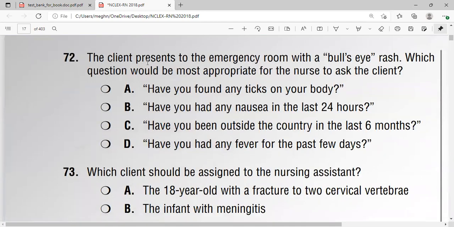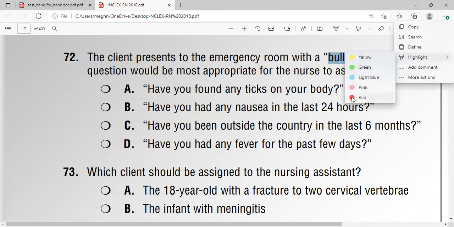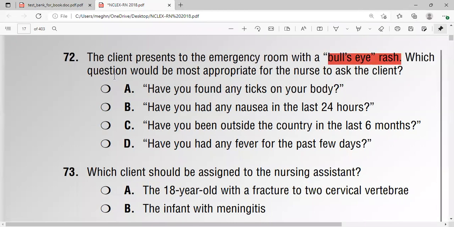Next, the client presents to the emergency room with a bull's eye rash. It is a very characteristic skin rash. Which question would be most appropriate for the nurse to ask the client who has a bull's eye rash? Number A, have you found any ticks on your body?